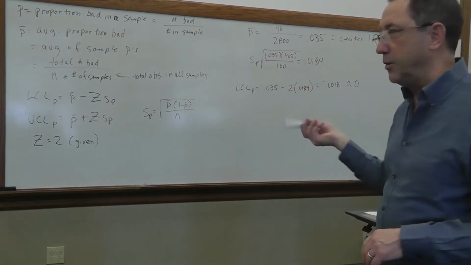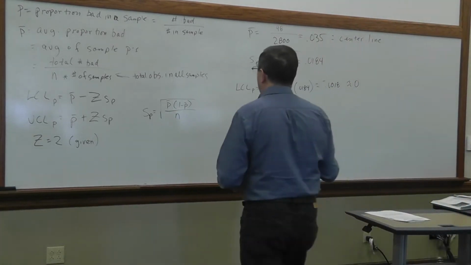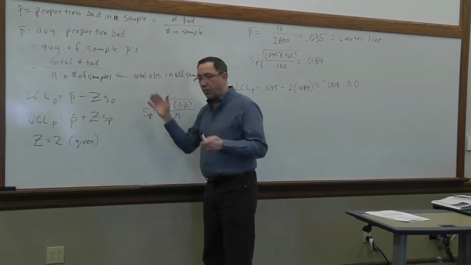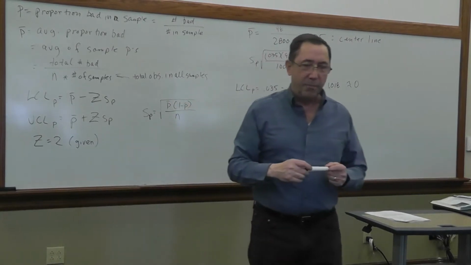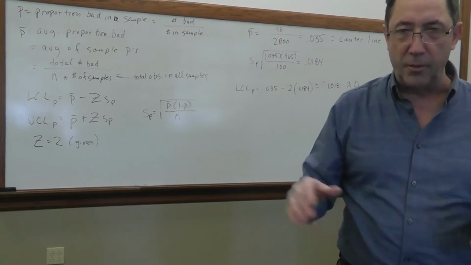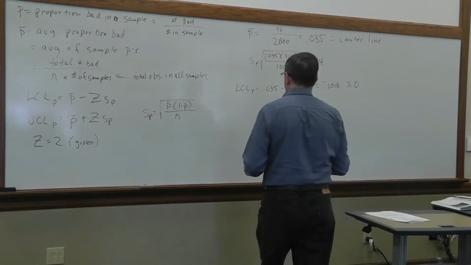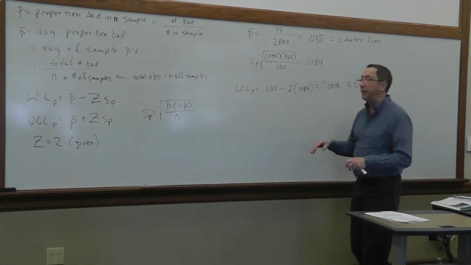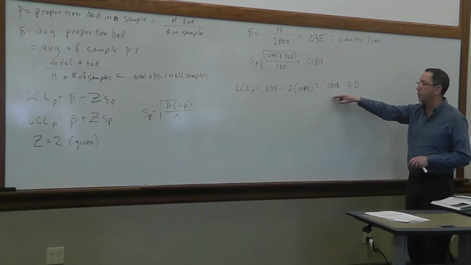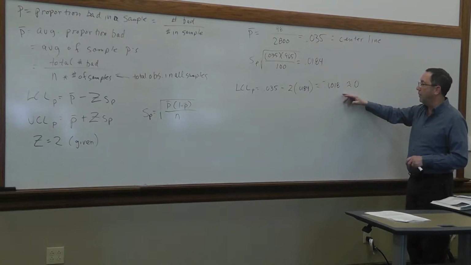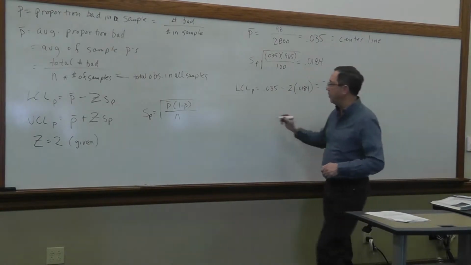This is binomially distributed. But we're using the same sort of idea based on the fact that the binomial distribution for large enough samples approximates the normal distribution. It's not perfect, and so that's why sometimes you'll get a lower control limit below 0. If so, just round it up to 0.